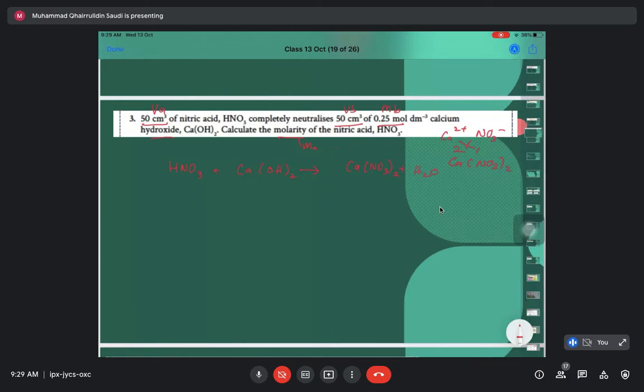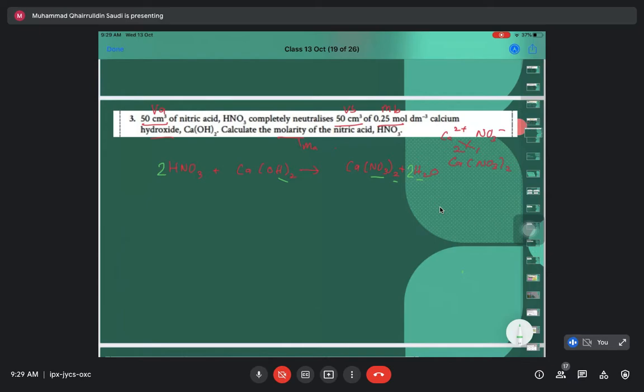Now balance. Ca(OH)2. Here there is H1. This one has O1H2. Nitrate has 2, so put nitrate in front, 2H, 4H, 2H. Now to make it four, put 2 in front here.